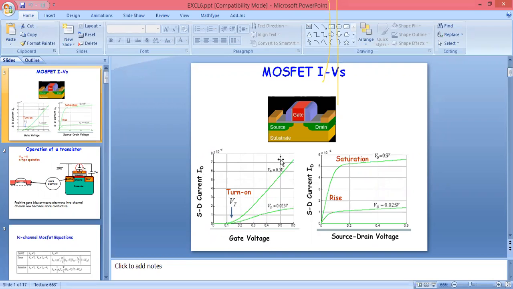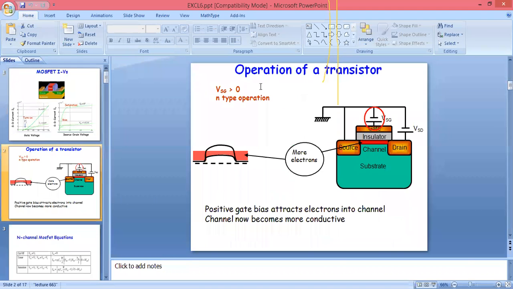That's why we can call this region the triode region, or the linear region, or the ohmic region, because here we are applying VGS and its value is greater than the threshold voltage.